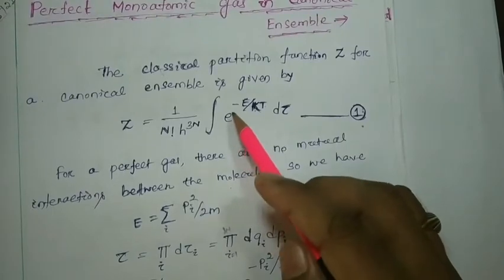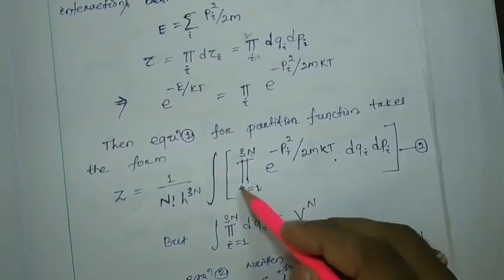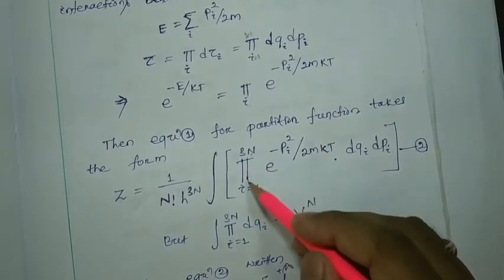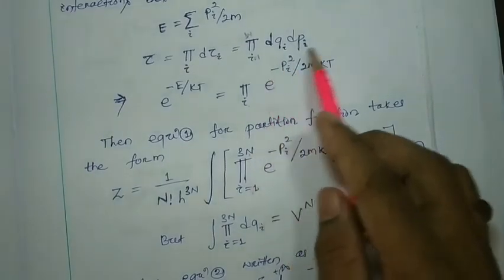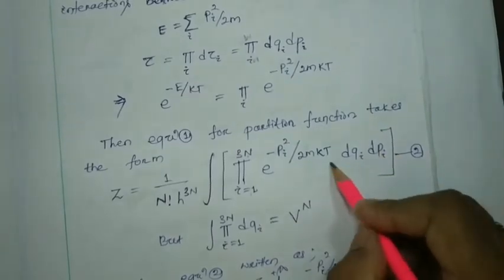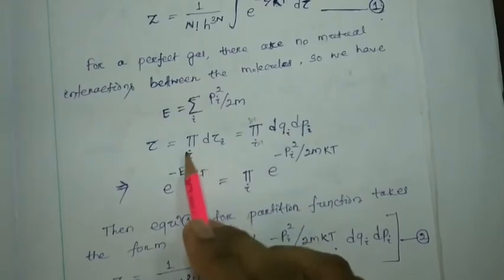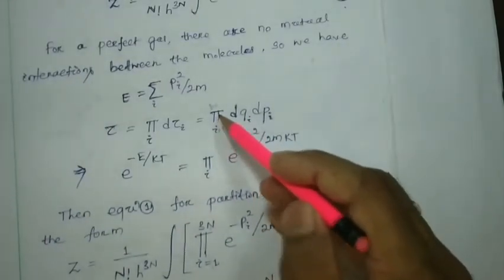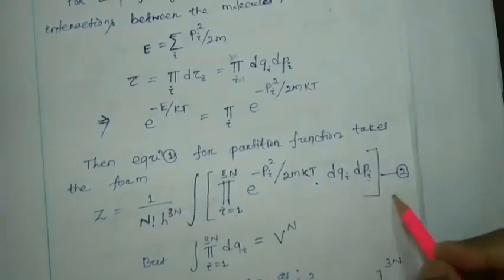The e to the power minus E by kT can be represented as the product of e to the power minus p_i square by 2m kT, multiplied by d tau, which can also be written as the product of dq_i into dp_i. Let this be your equation number 1.